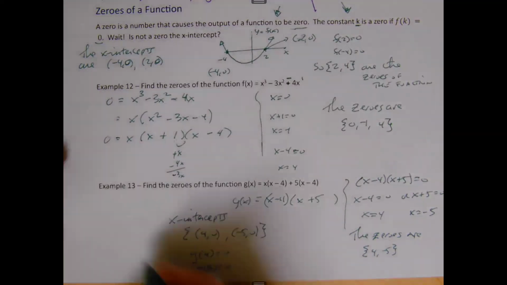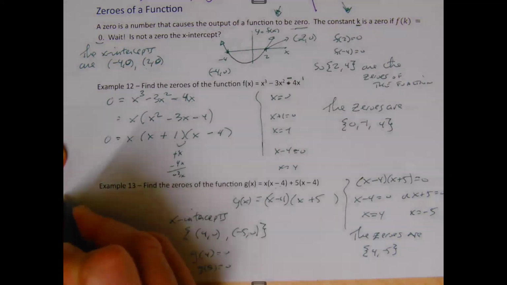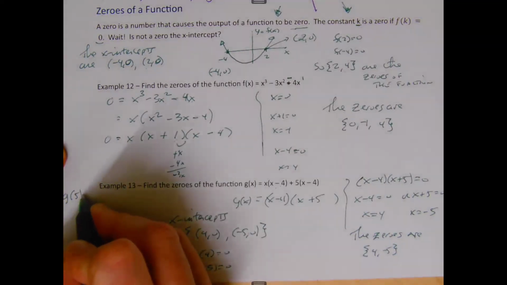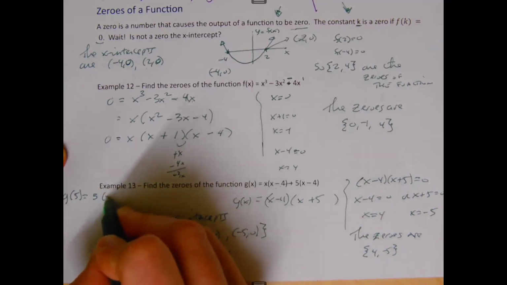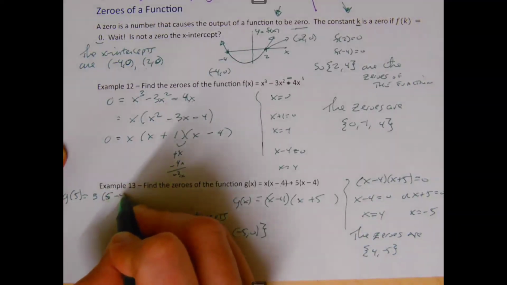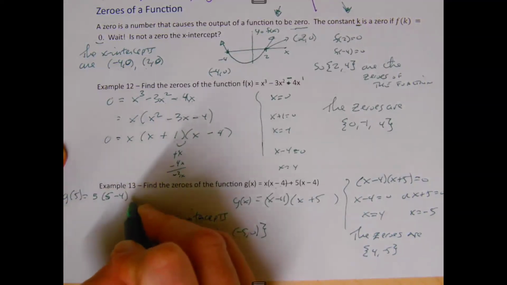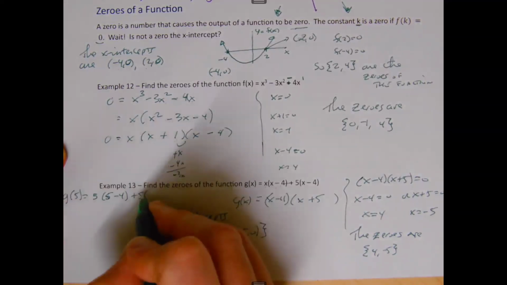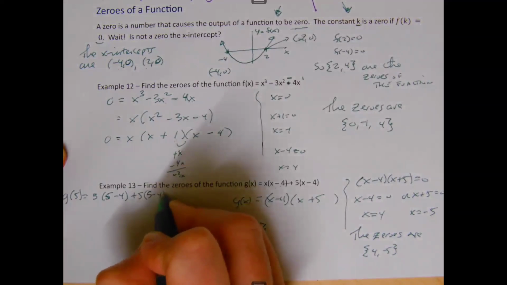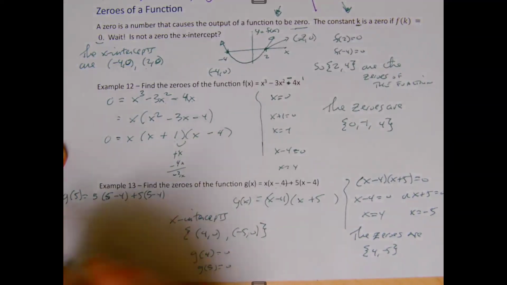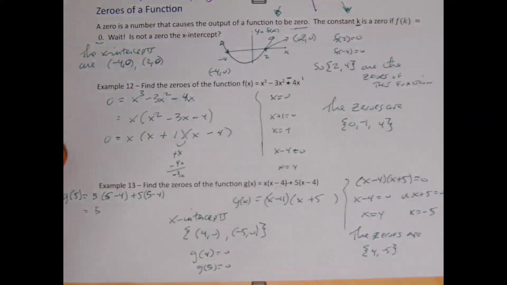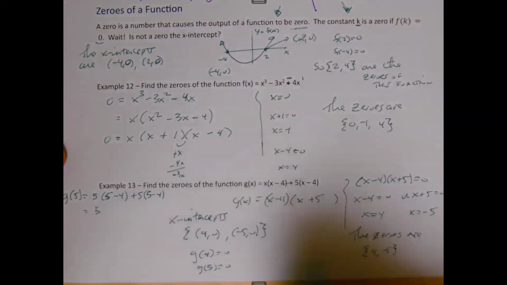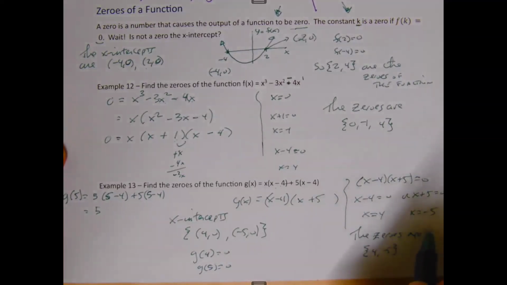And again, just to check, if you don't believe it, let me enter g of -5 here, check one of them. So that means everywhere I see a variable I'm going to enter a -5.